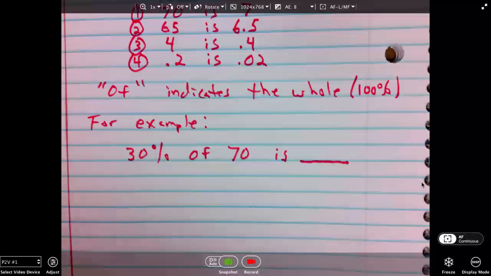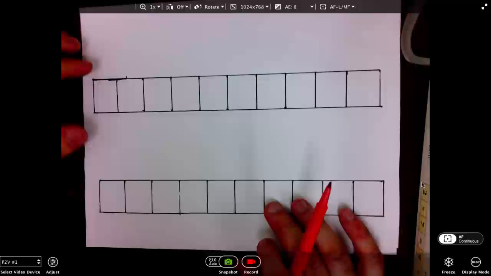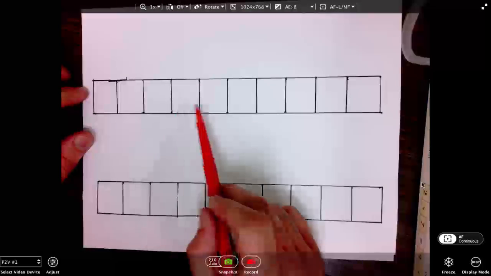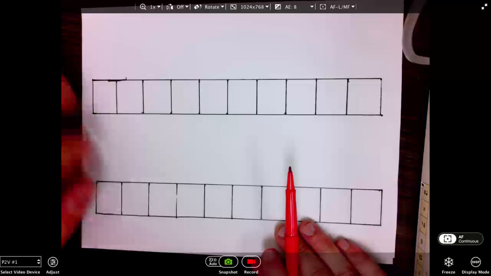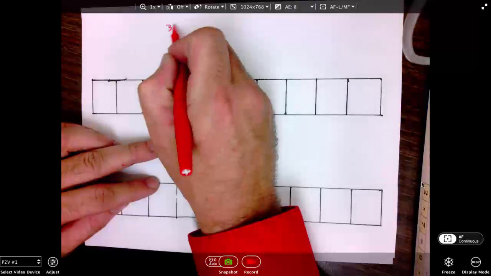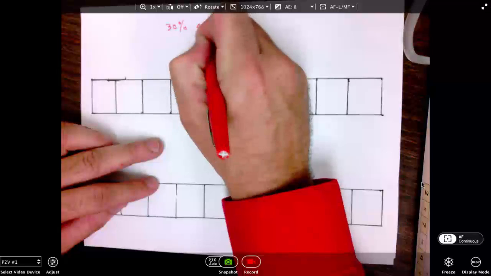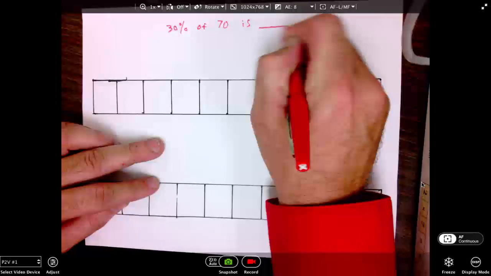You're going to draw a rectangle and divide that rectangle up. There's nothing particularly special about my paper. It's just a single rectangle that I've divided into 10 equal sections. Alright, so we want to answer the question 30% of 70 is what?